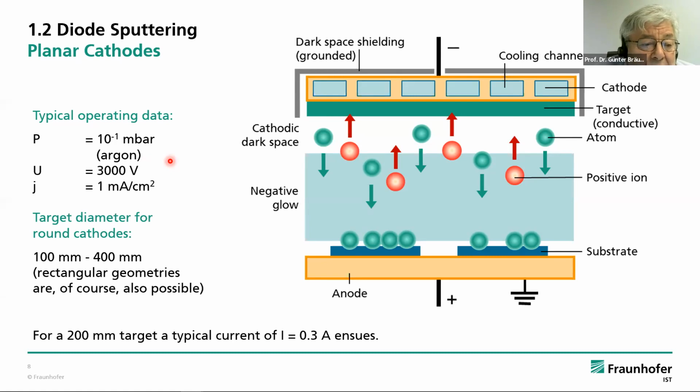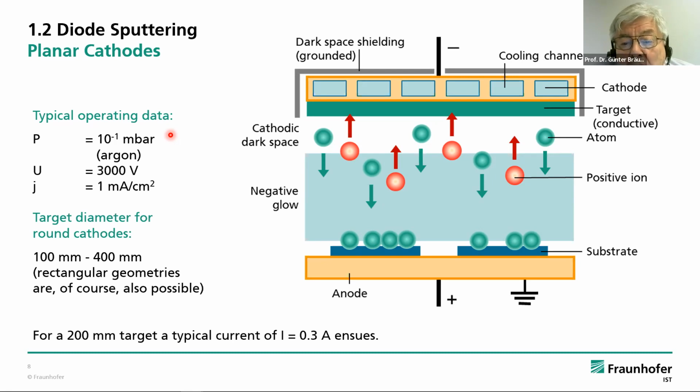The pressure has to be rather high, in the area of 10 to the minus 1 millibar, which means you have a rather low mean free path of the particles. We can estimate that the mean free path in this pressure range is only about 0.5 millimeters.